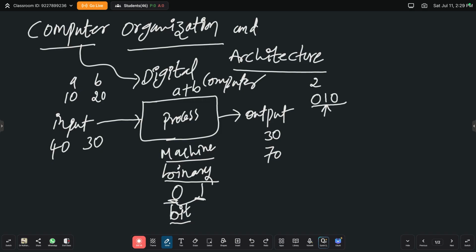Means anything, alphabet, decimal, anything it will convert into binary format only.